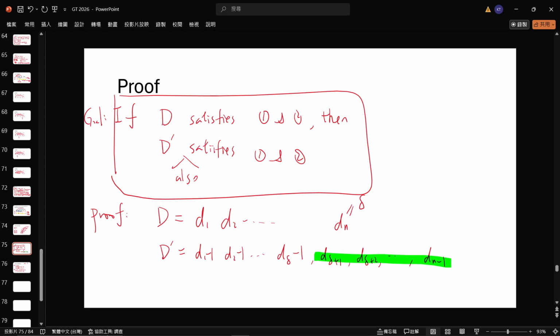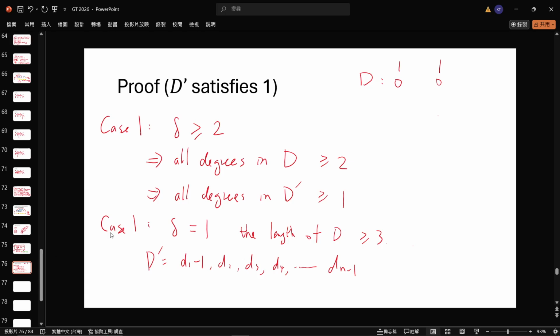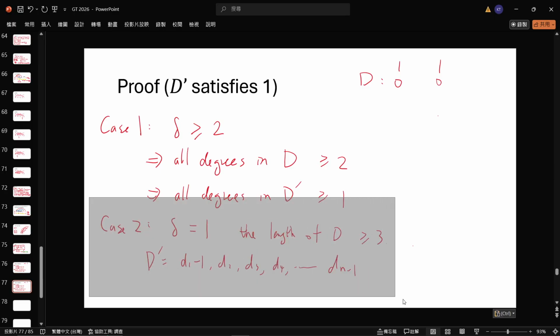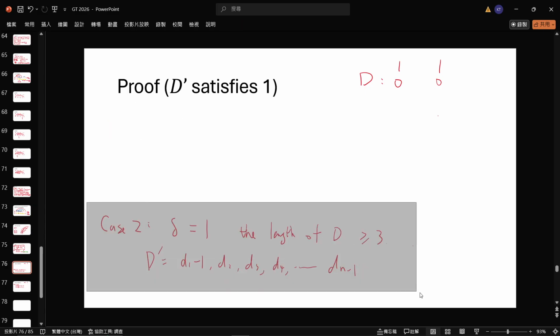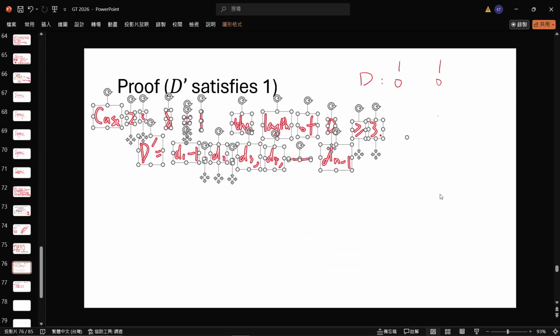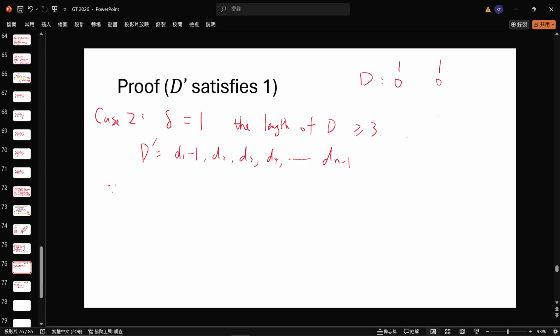And another way to see this is that the total degree, sorry, this should be case 2. Okay, so this is condition 2.